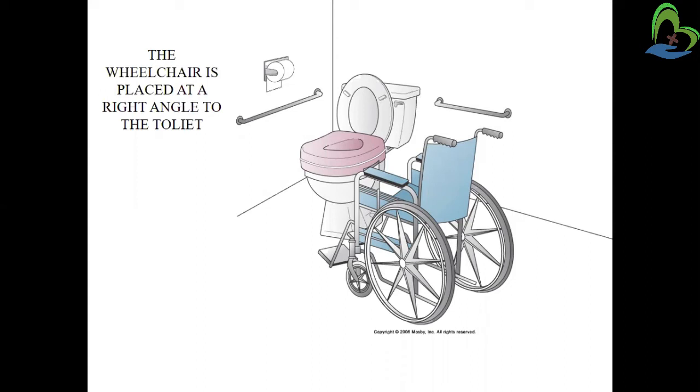In that case, an assistant should also be there, because if the patient is alone and vitals are falling, then the patient may face difficulties or problems, so we have to take care of the patient. Always place the wheelchair at the right angle to the toilet, so the patient can move easily from the wheelchair to the toilet and also return back to the wheelchair.